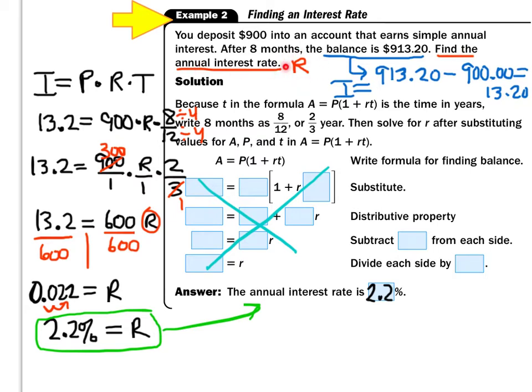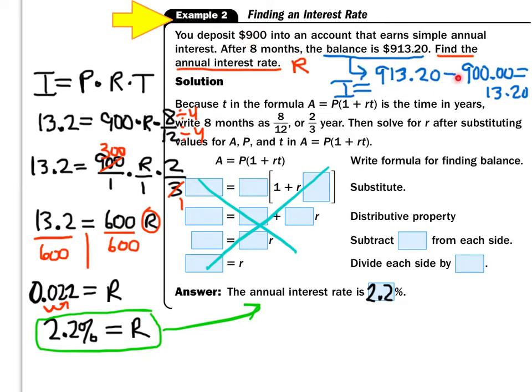So this time we have to find the R. Now, I'm going to use our simple interest formula to find the R. I am not going to do it like the book shows you. I think it's easier to do it this way. Here's the deal. I can figure out how much interest the bank paid me just by subtracting the original amount from the balance.